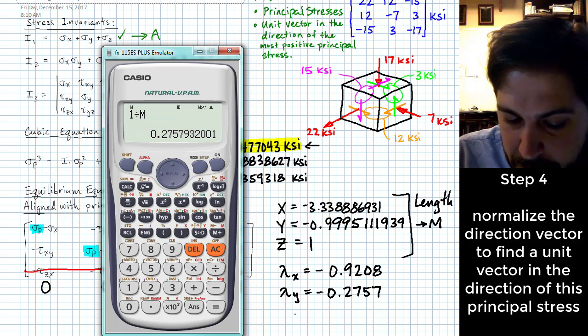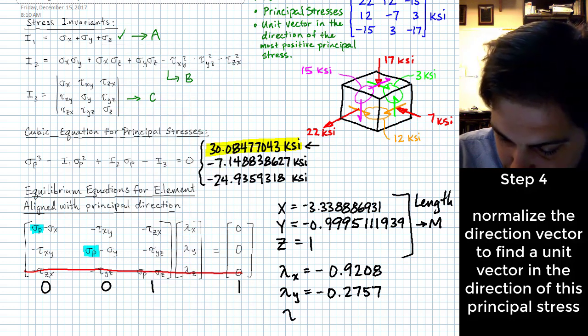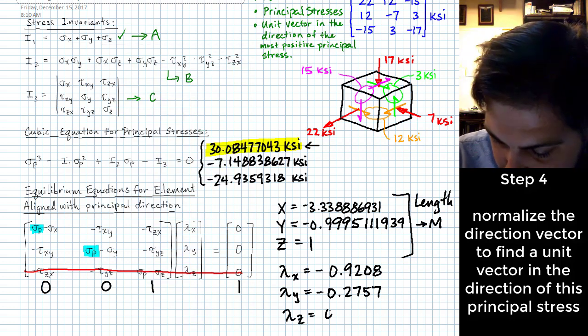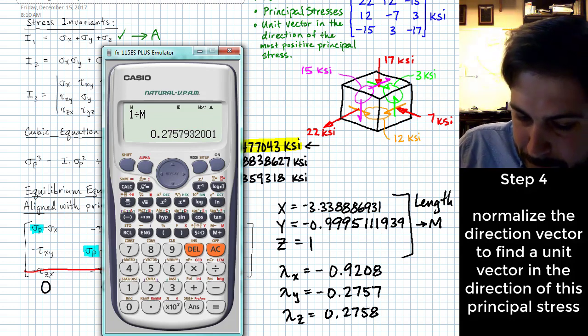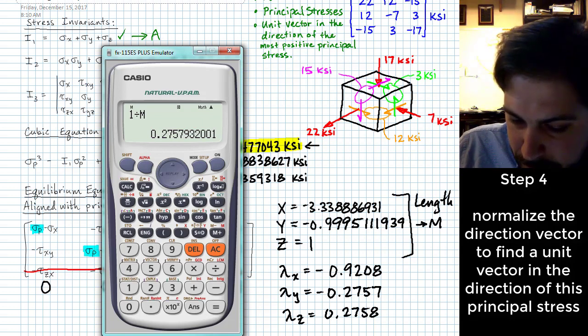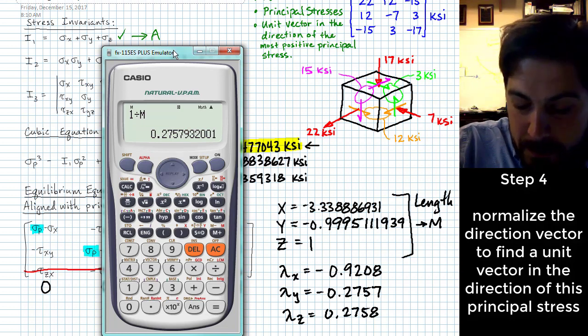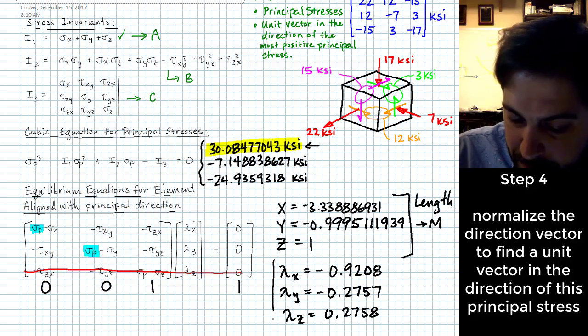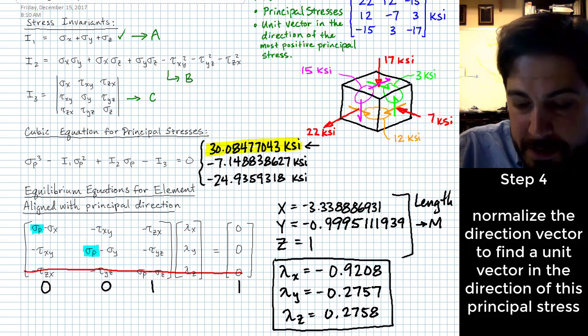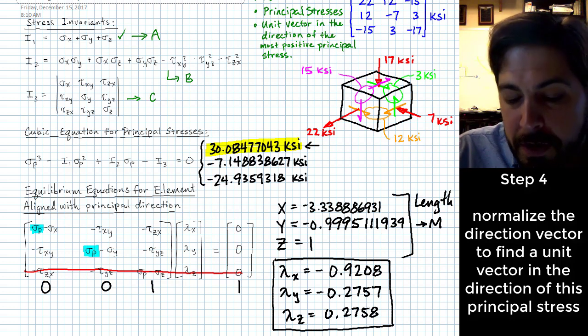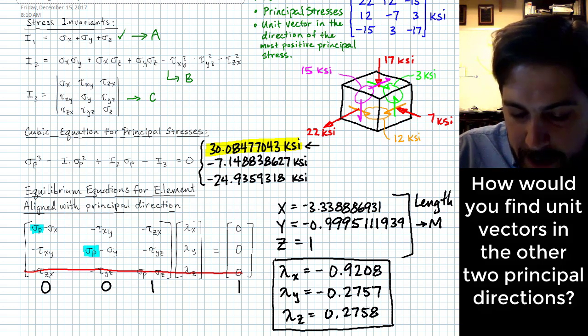So this gives us 0.2758. So that's how we figure out the components of a vector that points in the direction of the first principal stress there, the one that has a magnitude of 30.08477 or so.